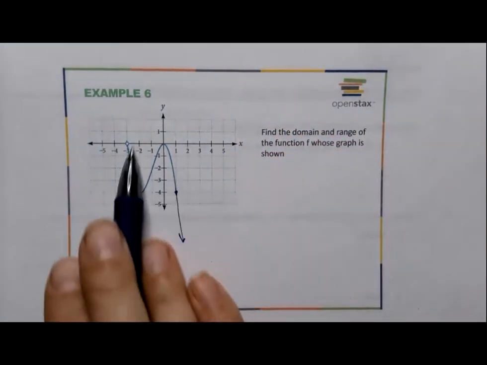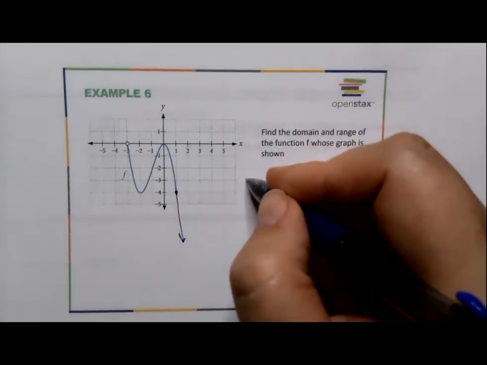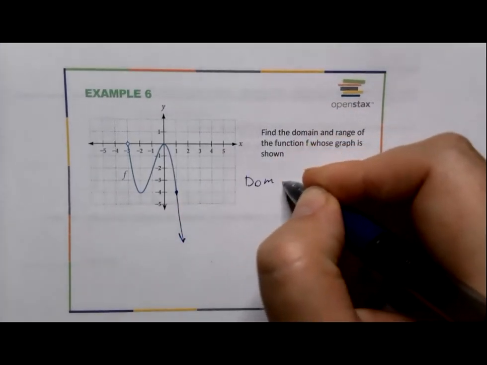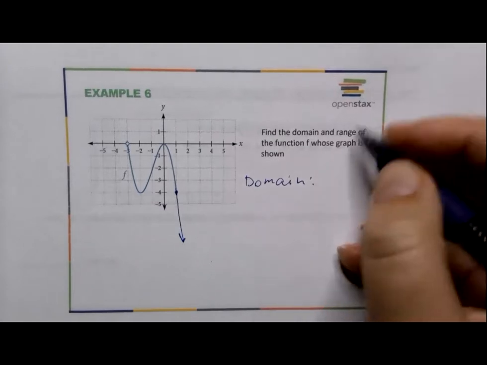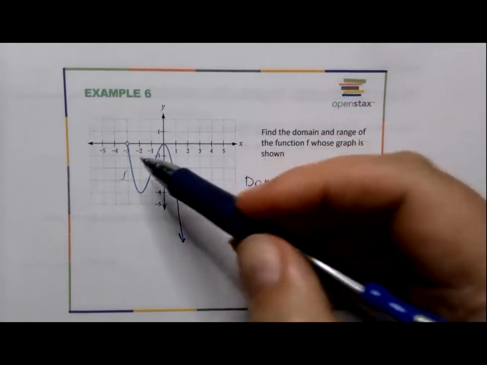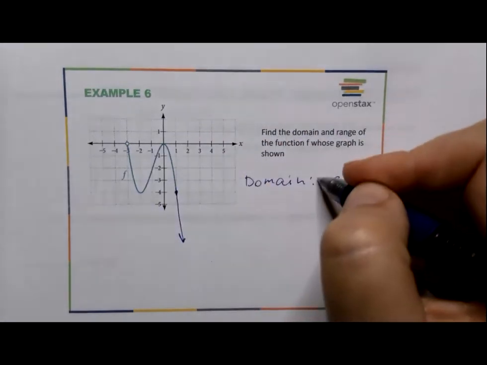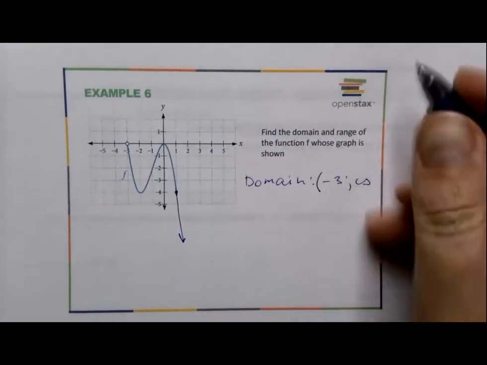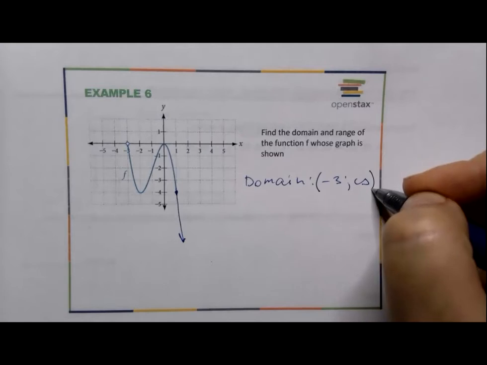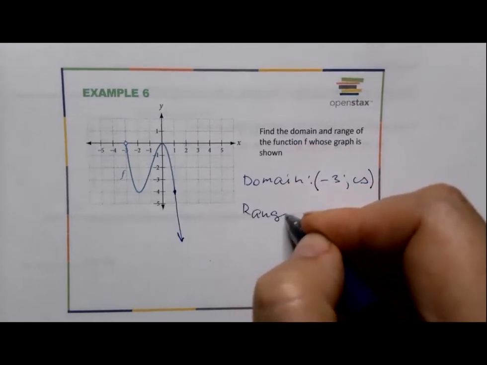So on the right side it's going to be infinity. So the domain is from -3 to infinity. Because there is an open circle at -3, we're not including that point, and we're not including infinity. Now for the range.